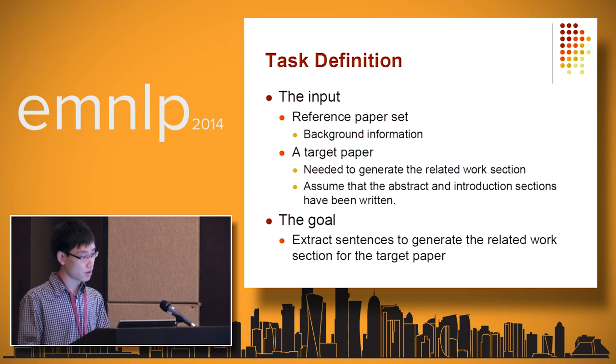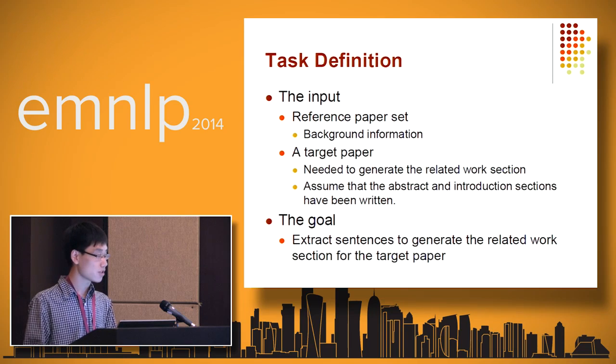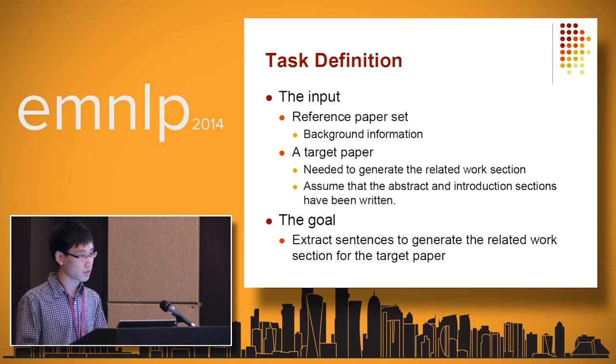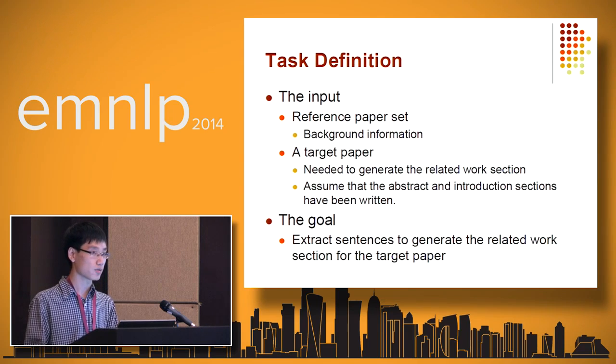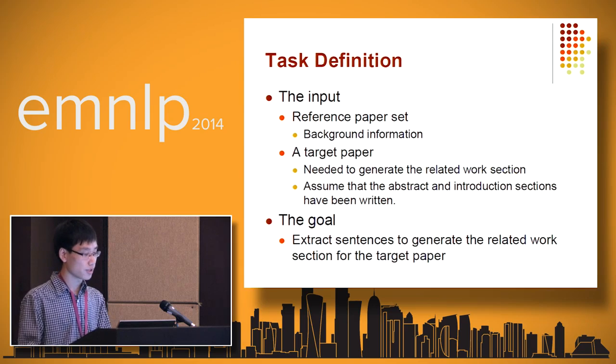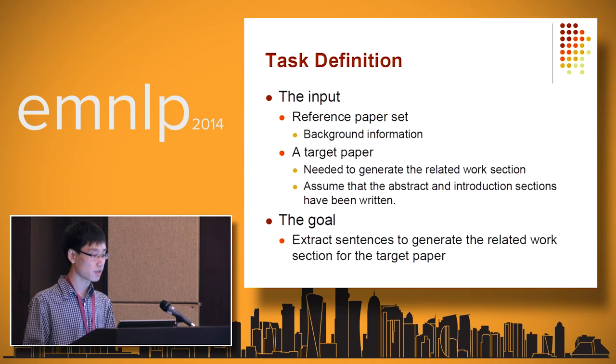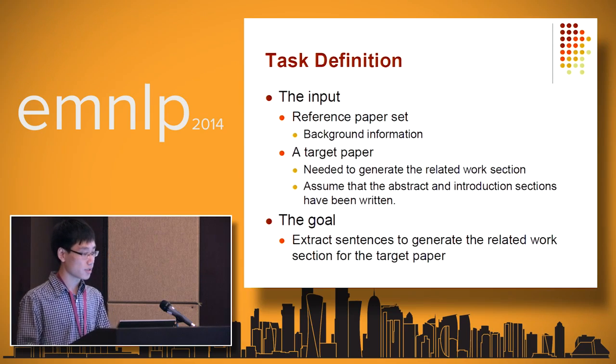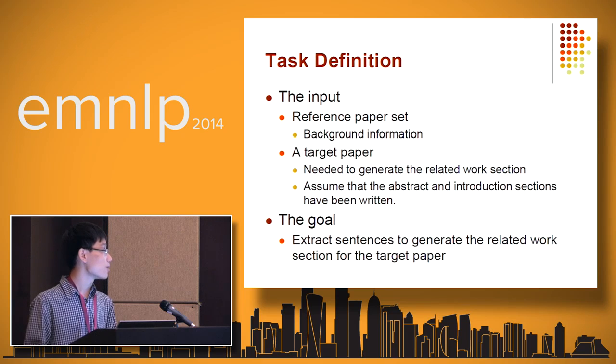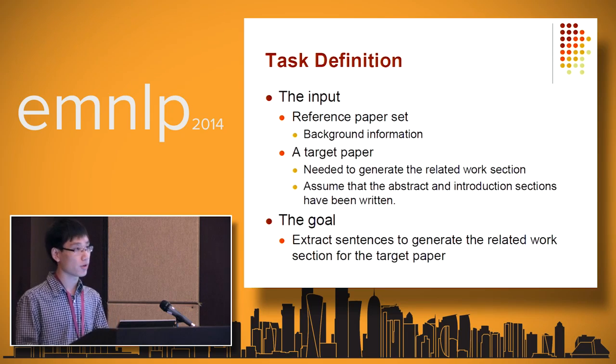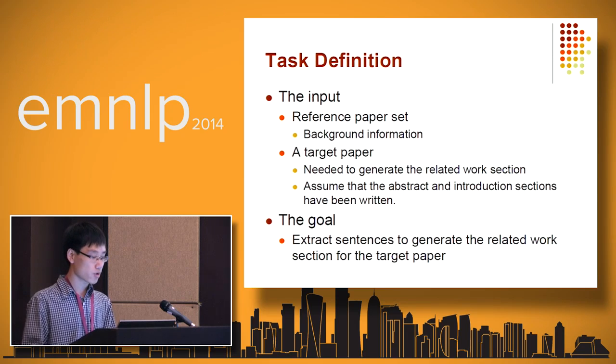So here is the definition of the task. The input of the task is a target paper which has no related work section, and each target paper has its corresponding reference paper set, and this reference paper set provides the background information. Here we assume that the abstract and the introduction sections of the target paper have been written.